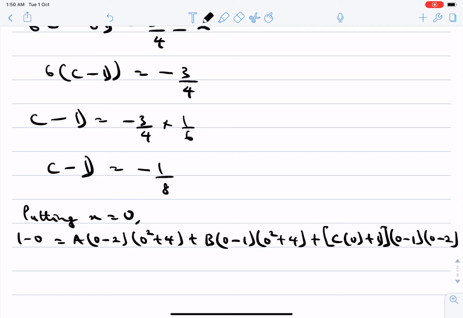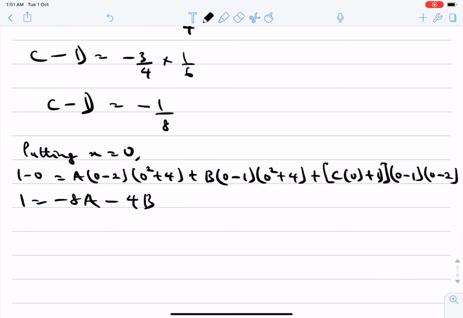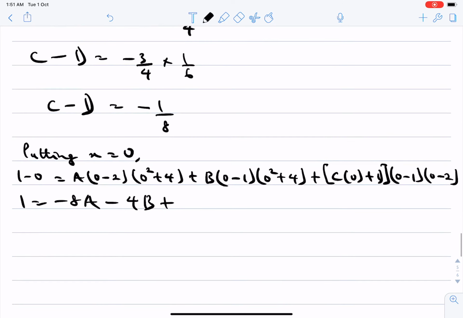And this simply means 1 equals, that's minus 2 times 4, minus 8a. This is minus 1 times 4 times b, which is minus 4b. Plus c times 0 is 0, so we have d times minus 1 times minus 2, which is plus 2d.